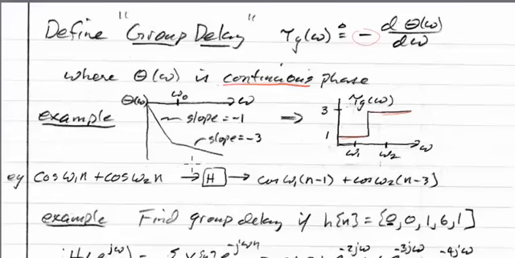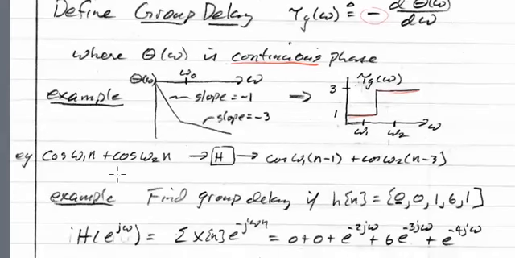So a real simple example, real quickly, suppose I have the sum of two cosines at frequency omega1 and omega2, and here I've shown omega1 and omega2. If they go into this system that has this phase response, the output is going to be this.